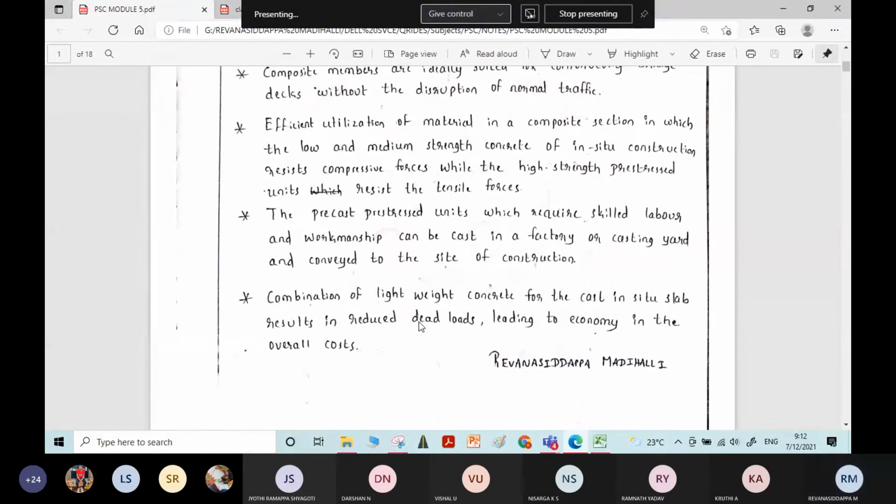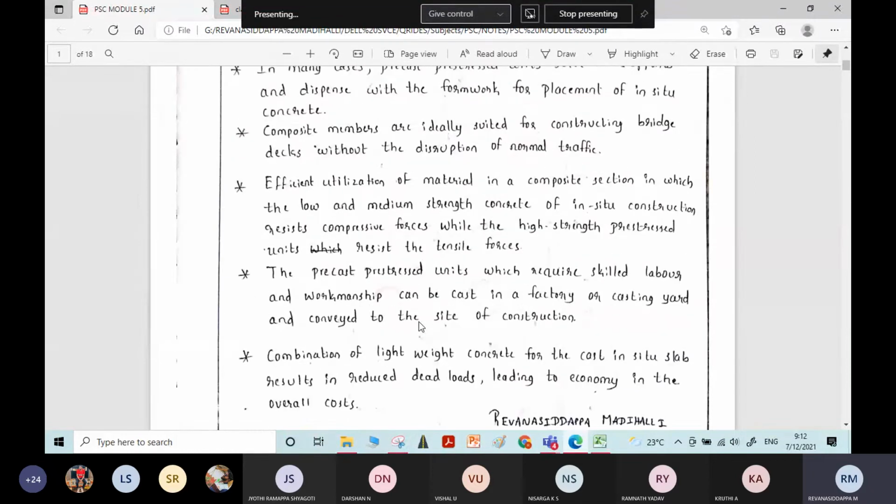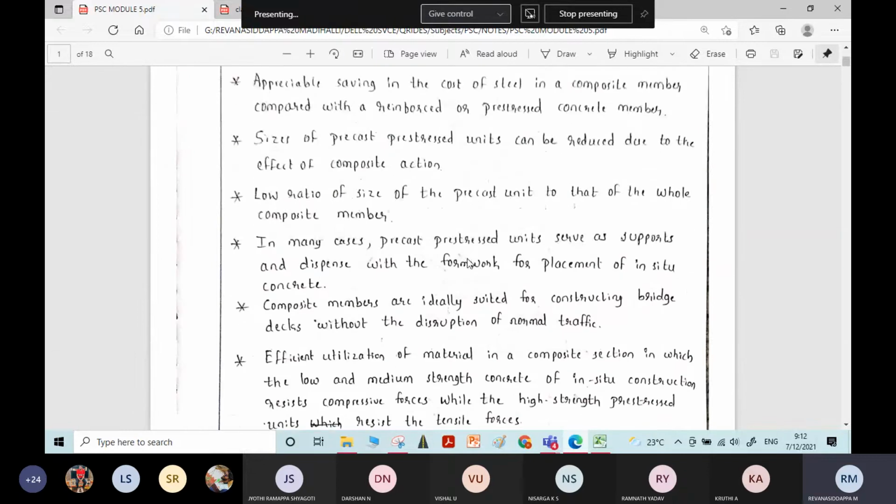With respect to precast pre-stressed units, it requires skilled labor. Especially for slabs, they will do the pre-stressing at the site only.